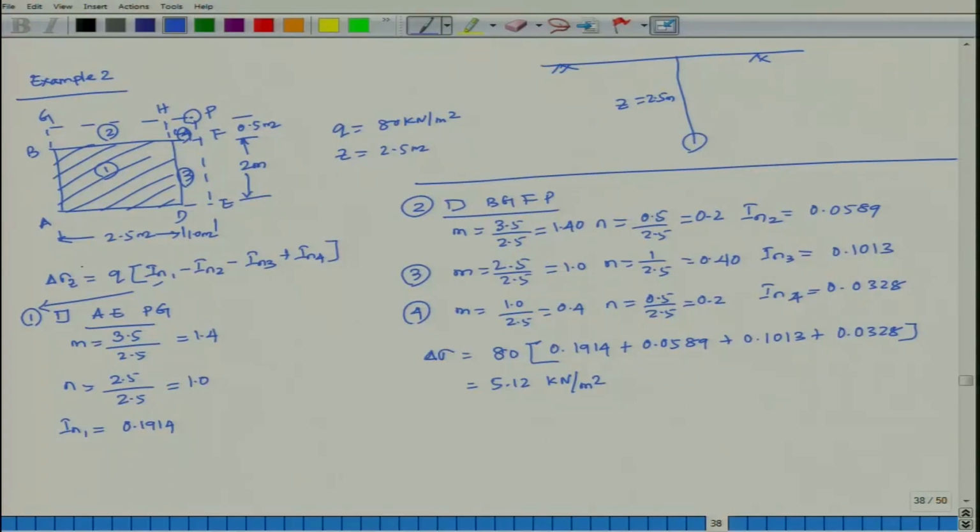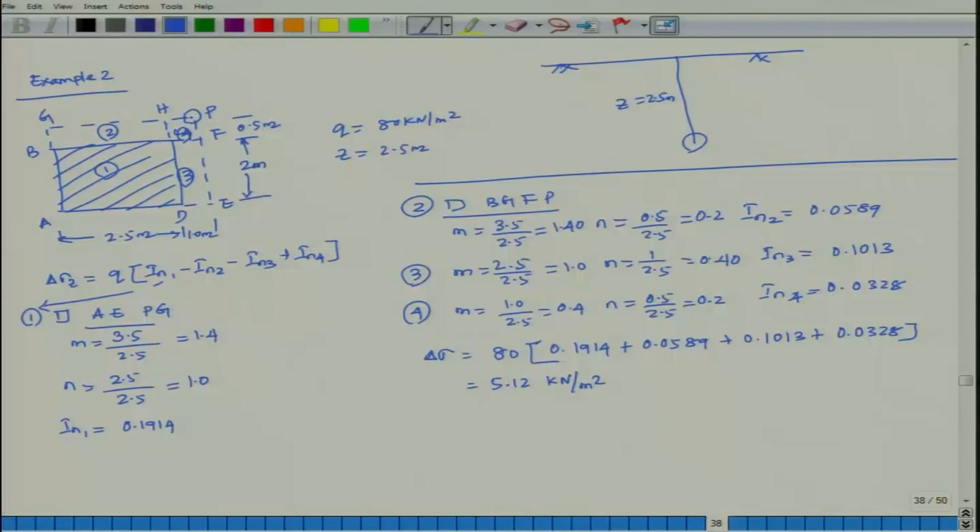Delta sigma is equal to Q into the first area, then this area, this area and this area, all with respect to point P. Based on that, M and N have been calculated. You can always interchange M and N.